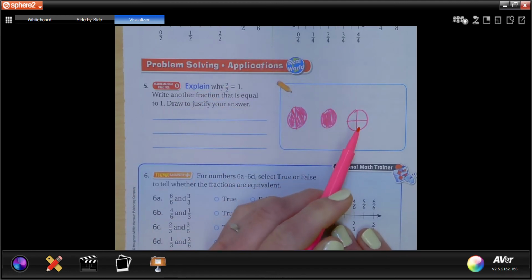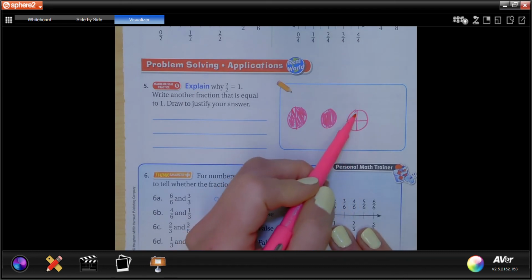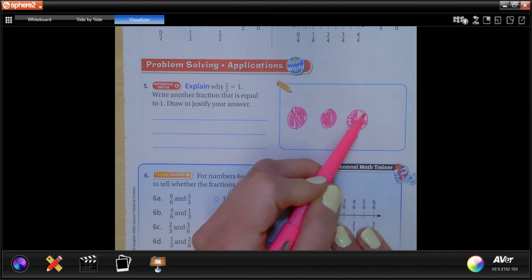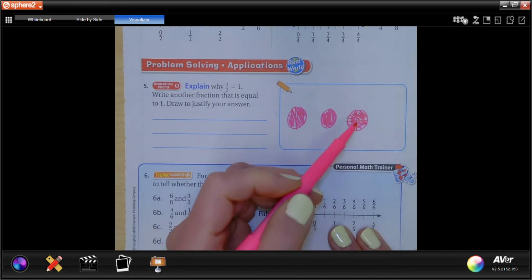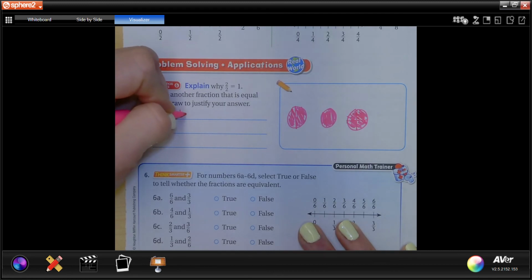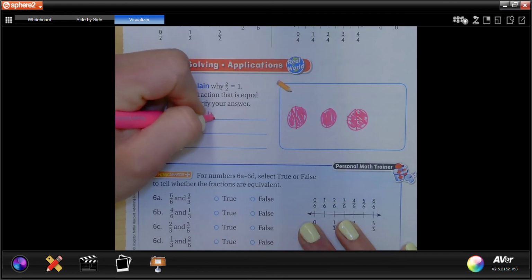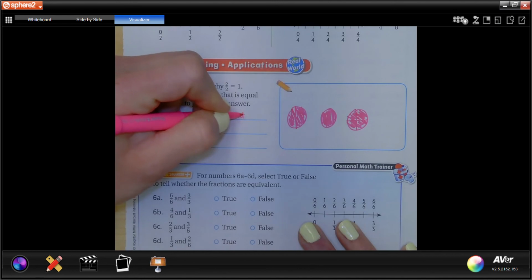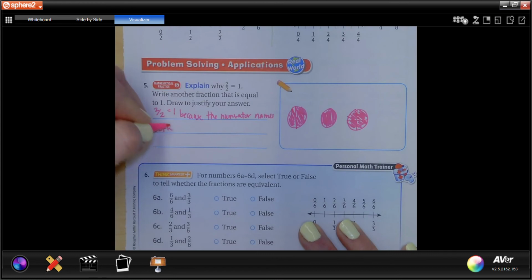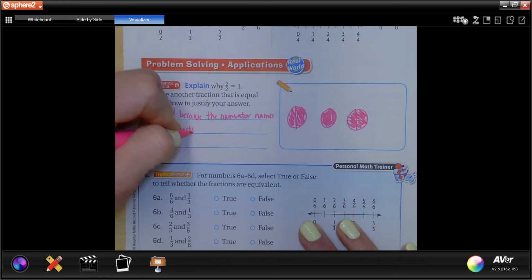How about if we have fourths, 1, 2, 3, 4 parts to our whole. We color them in. 1, 2, 3, 4/4. So 2 out of 2 halves is equal to 1 because the numerator names both parts in the whole.